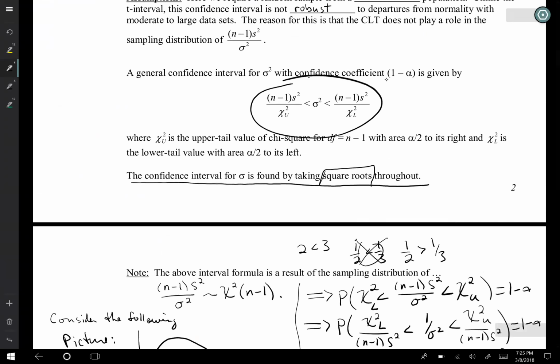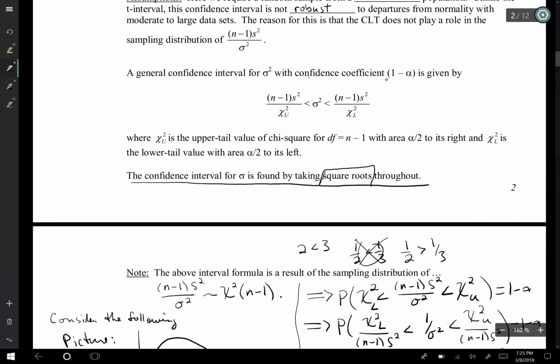But this is the sort of thing y'all would be given: this is the lower bound for the confidence interval on sigma squared, and this is the upper bound. It seems counterintuitive at first look that the upper chi-squared percentile is in the denominator here, and the lower chi-squared is in the denominator here.